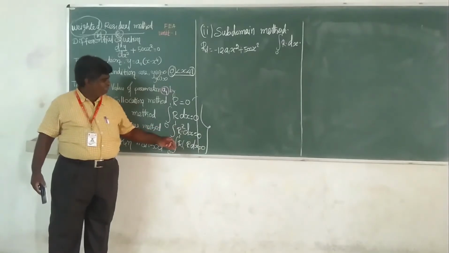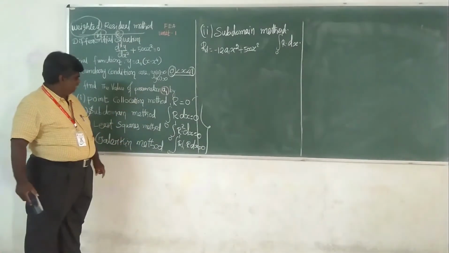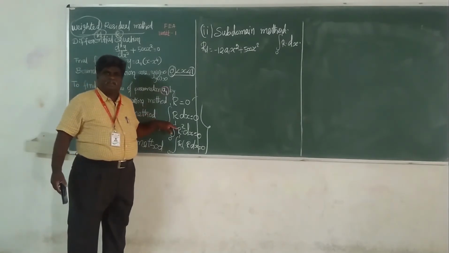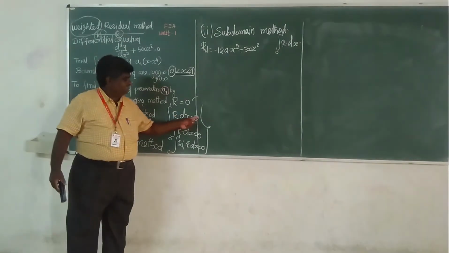The same approach is used to calculate the parameter a1 by the subdomain method. The subdomain method is the integral of limit 0 to 1 of the residual dx equal to 0.